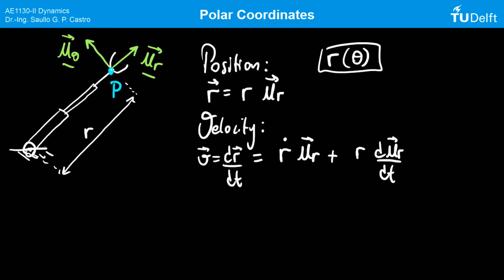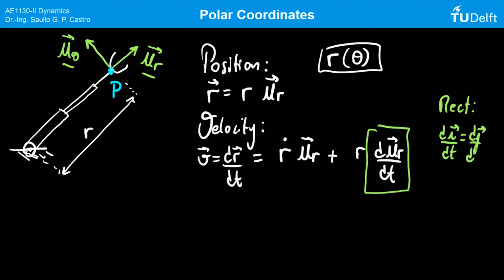In this coordinate system, we do have to consider how the base vector is changing with time, whereas for the rectangular coordinates, the base vectors do not change with time, as you remember.